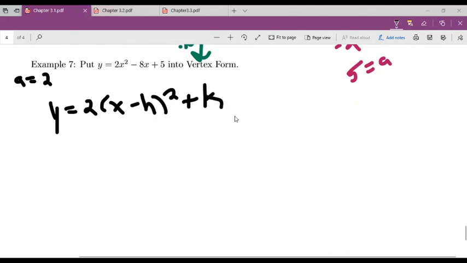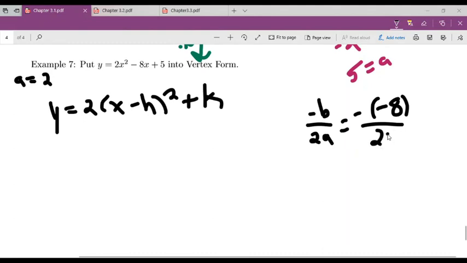Okay, so let's figure out what these h's and k's are. Now we can find the vertex of the parabola. We have the equation for that. Remember, it was negative b over 2a. Our b here is negative 8. So it'd be a negative negative 8 over 2a.